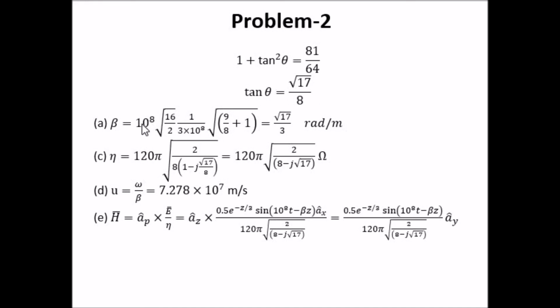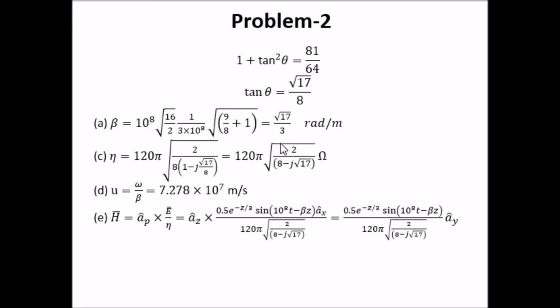Then we solve for beta. We already derived the expression for beta, and we found it to be square root of 17 over 3 radians per meter. Then we solve for the impedance. 120 pi is equal to root of mu over epsilon, then we have 2 over 8, and this formula with square root of 17 over 8 equal to tan theta L. I put this in and you will get this expression.